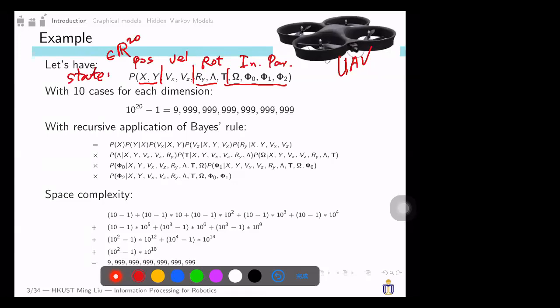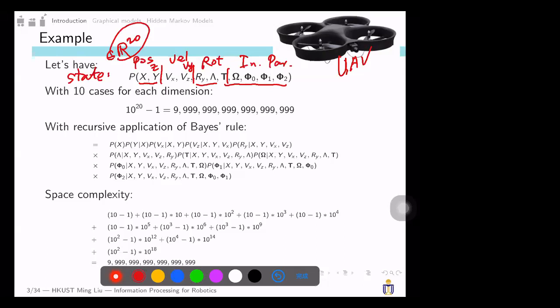If you see some typo, don't bother, because I should also write a VY here. So finally, you have a 20-dimensional state.